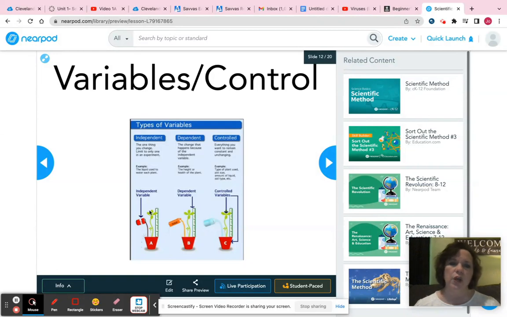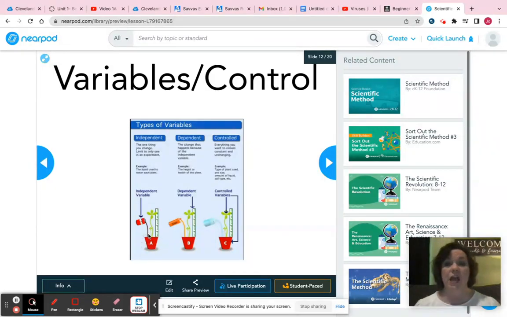How does soda or Coke affect plant growth? But what we have to do here is have just one independent variable. So our independent variable in this scenario is the type of liquid. We can't change too much here. We have to just make sure everything else is the same.